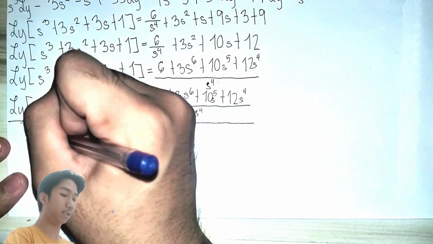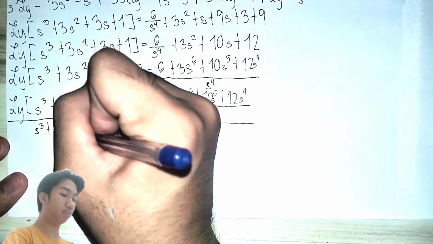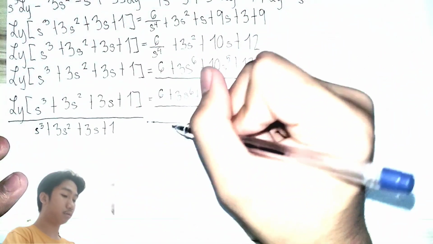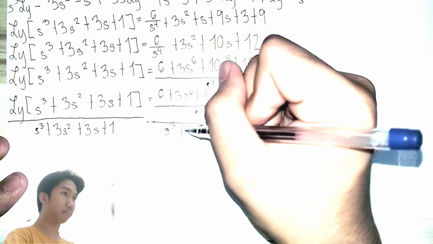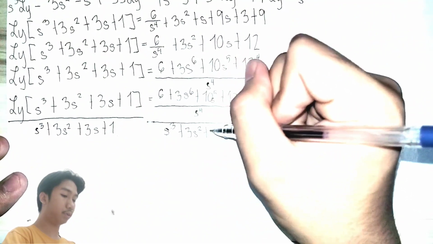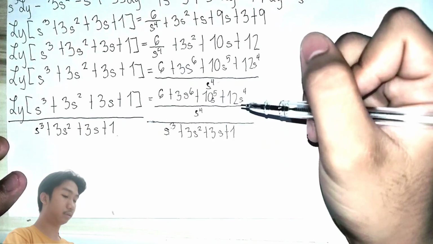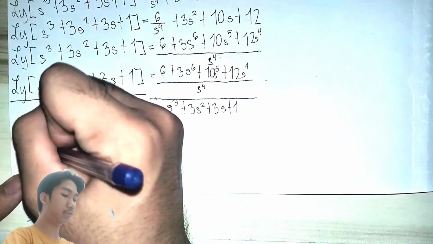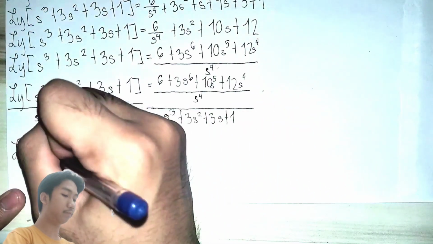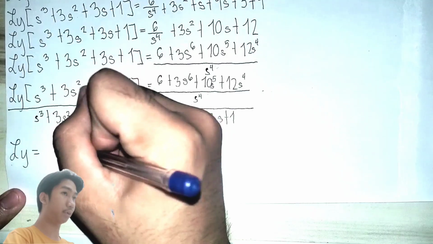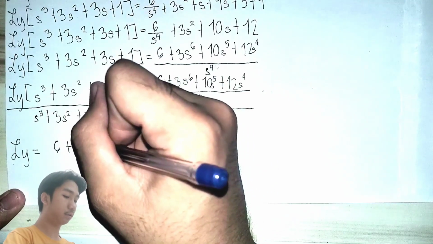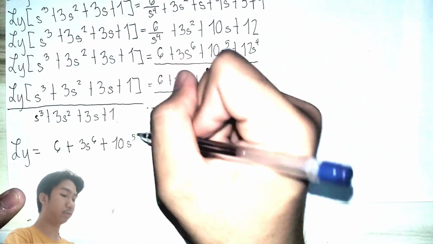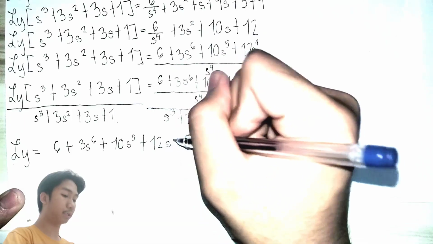We divide it by the quantity on the left side, s cubed plus 3s squared plus 3s plus 1, and we get the Laplace of y is equal to 6 plus 3s raised to 6 plus 10s raised to 5 plus 12s raised to 4 all over s raised to 4 multiplied to s cubed plus 3s squared plus 3s plus 1.